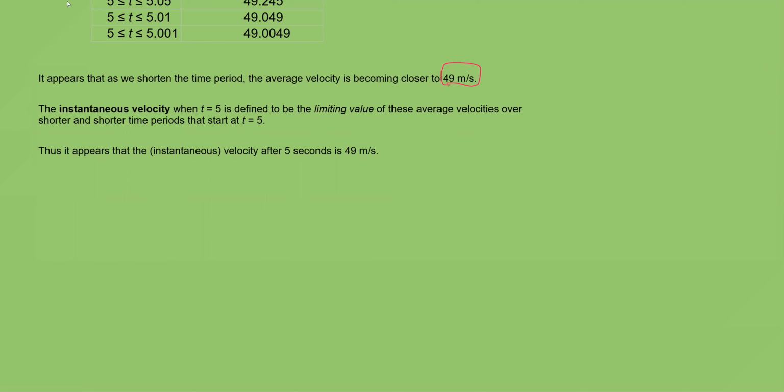And here, the instantaneous velocity when t is equal to 5 is defined to be the limiting value of these average velocities over shorter and shorter periods of time.